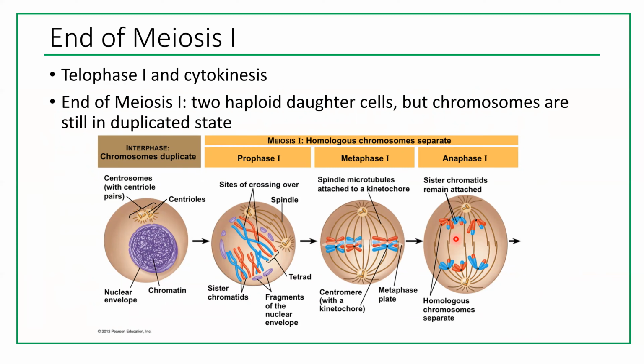And in anaphase, what is pulled apart are homologous chromosomes. So look, this cell has 1, 2, 3, 4, 5, 6 chromosomes. Now each daughter cell is going to have only 1, 2, 3. So in meiosis 1, we already reduced the ploidy, or reduced the number of chromosomes by half.